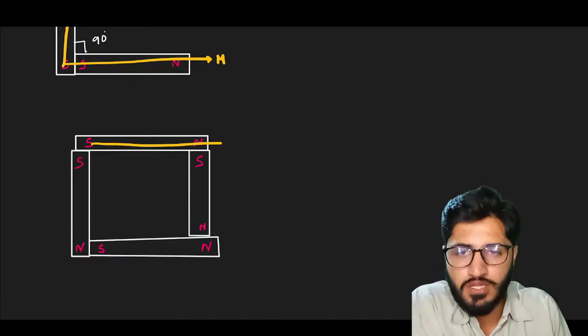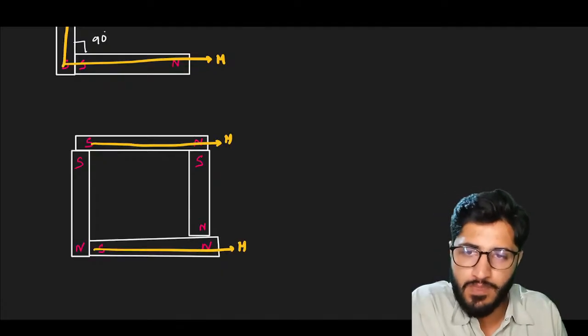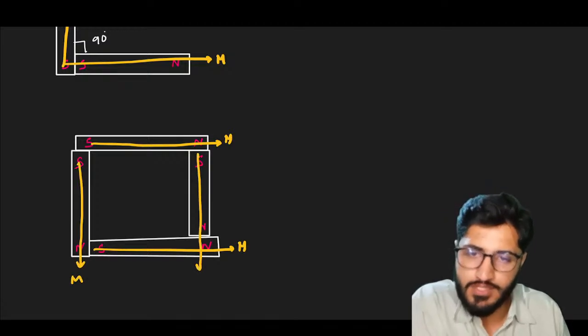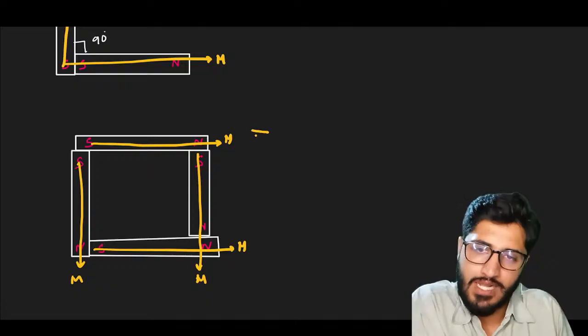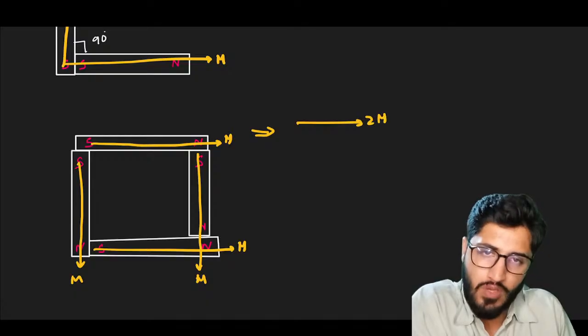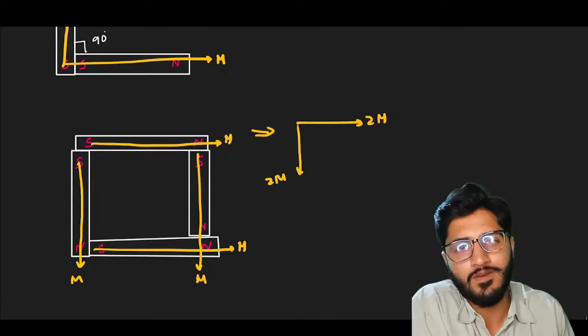From south to north, here it is M. From south to north, it is M. South to north, it is M. So can I write it like 1M, 1M, 2M? We came out to be 2M. Okay.